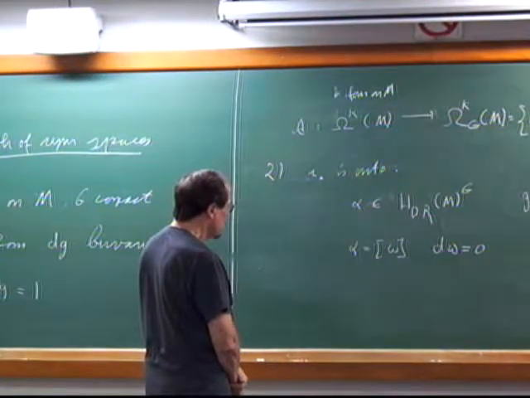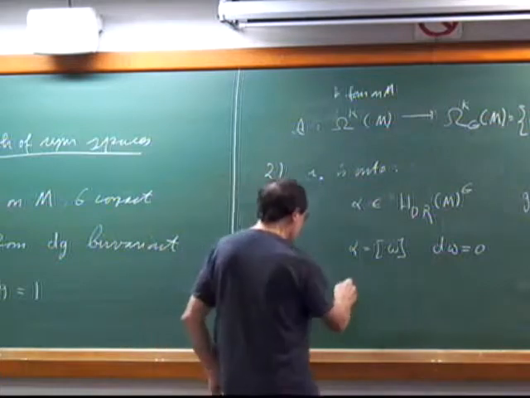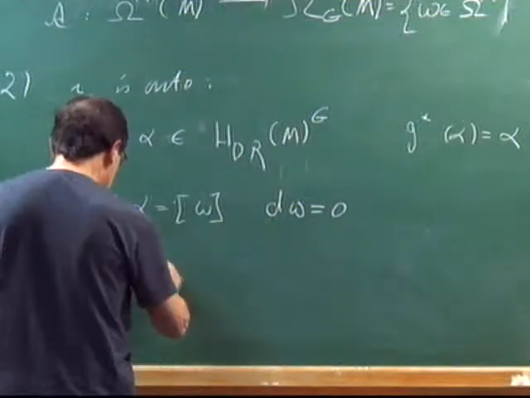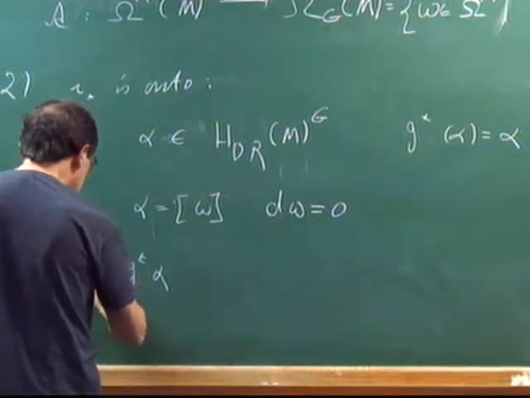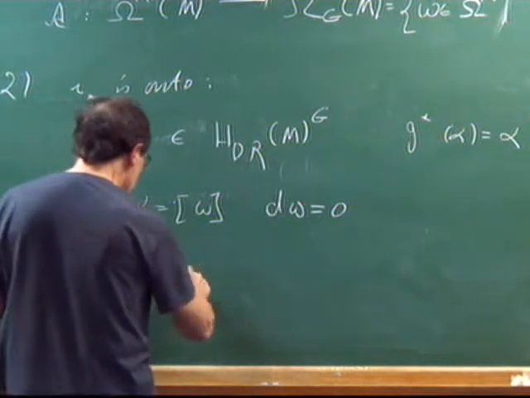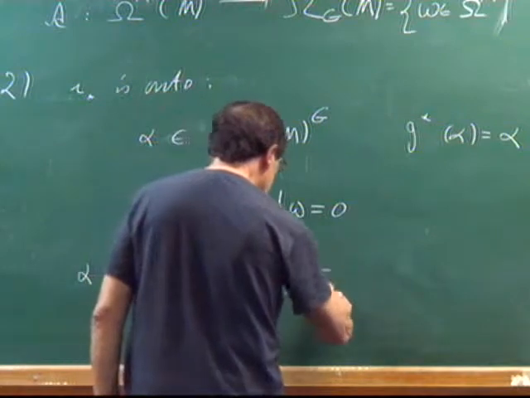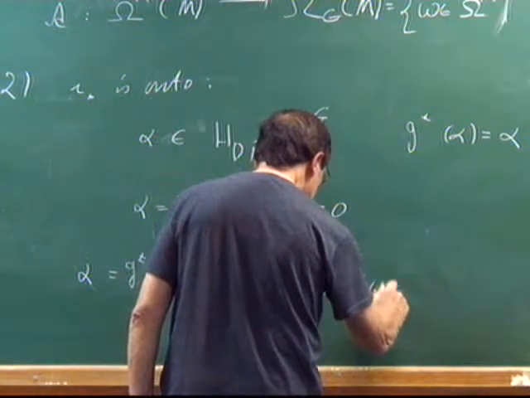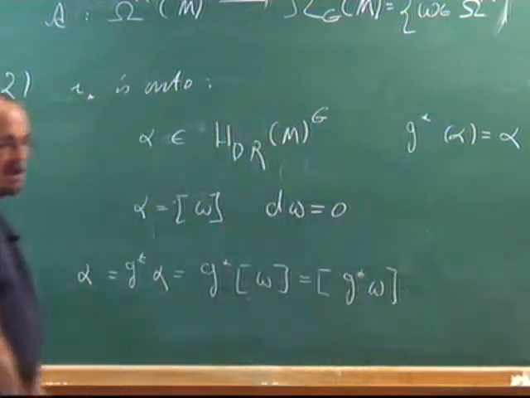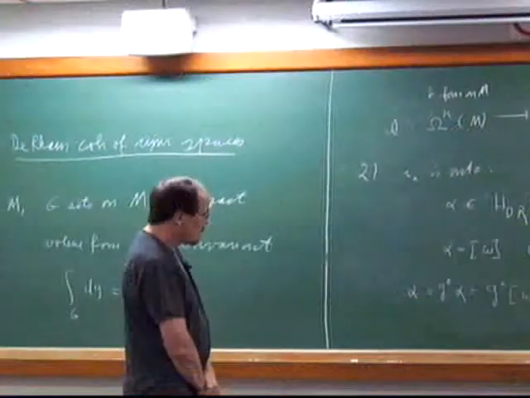So what can I say? Well, first I can say g star alpha is alpha. That's G-invariance. g star alpha, well, that's the class of g star omega by definition. This is how G acts on the de Rham cohomology.